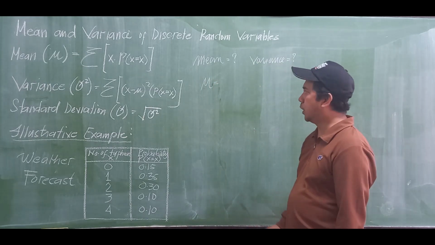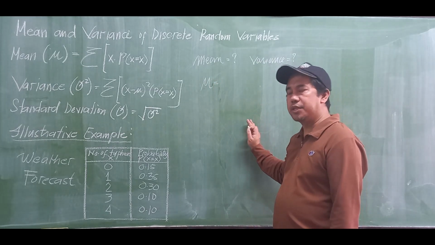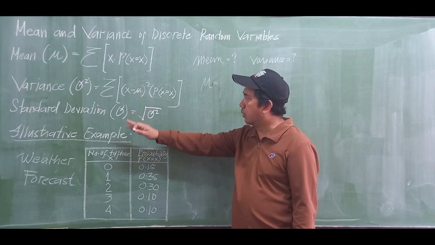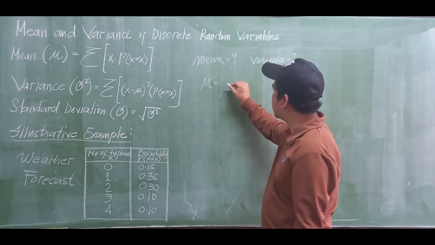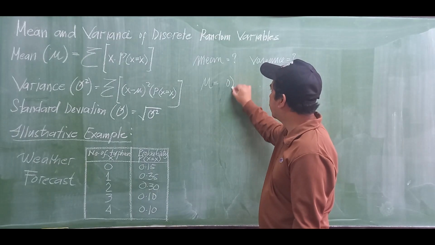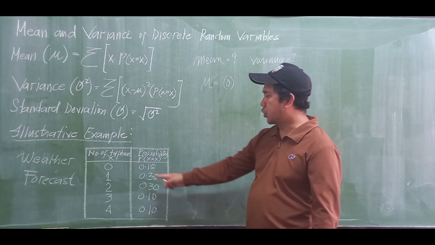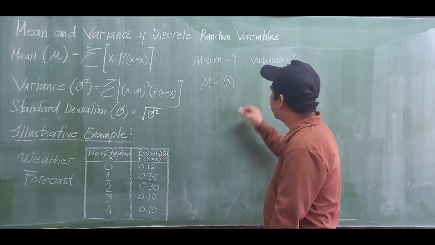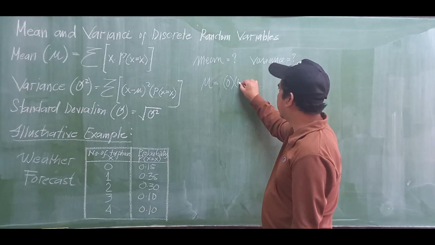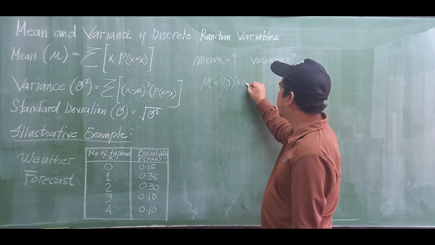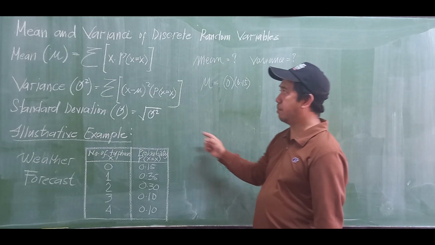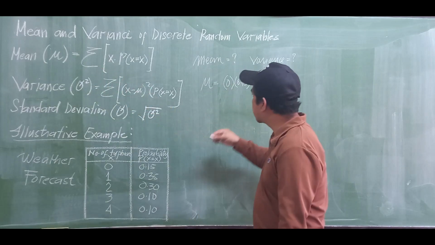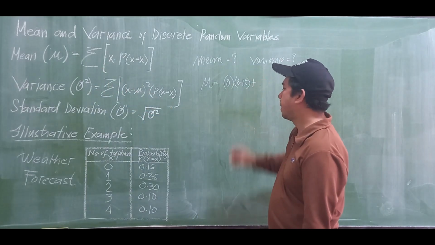So, what is our first variable? That is the same as 0. So 0 multiplied by what? Its corresponding probability. So what is the corresponding probability? 0.15. Okay, 0.15.